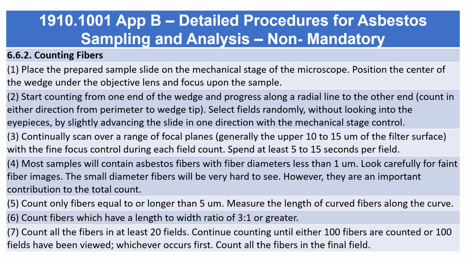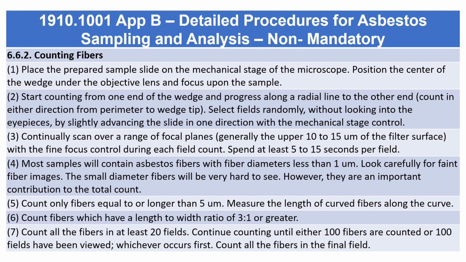4. Most samples will contain asbestos fibers with fiber diameters less than 1. Look carefully for faint fiber images. The small diameter fibers will be very hard to see. However, they are an important contribution to the total count. 5. Count only fibers equal to or longer than 5.